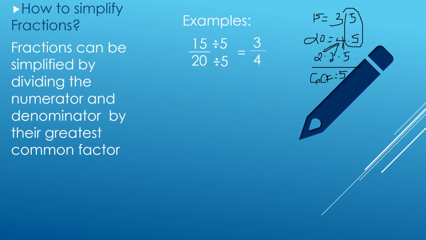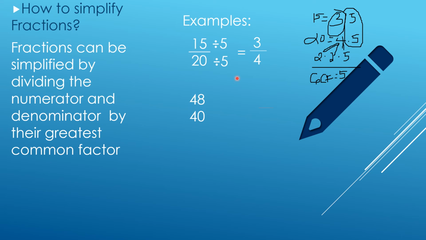Or, actually, kung nahirapan ka pa rin mag-divide, ito lang. GCF is 5. So, ito ang GCF na 5, divide mo. Anong natira dito? 3. So, ayan, 3. So, anong natira dito? We have 2 times 2, or that is 4. So, ayan ang 4. O kaya, 15 divided by 5, 3. 20 divided by 5, 4.